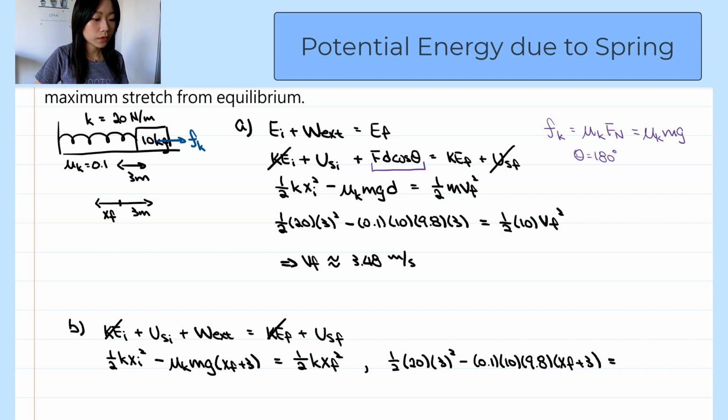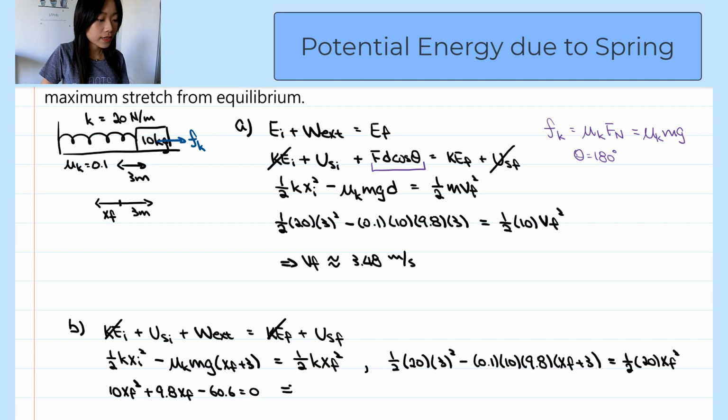And this equals half times 20 times the final distance squared. Now we get a quadratic equation: 10 times xf squared plus 9.8 times xf minus 60.6 equals 0.